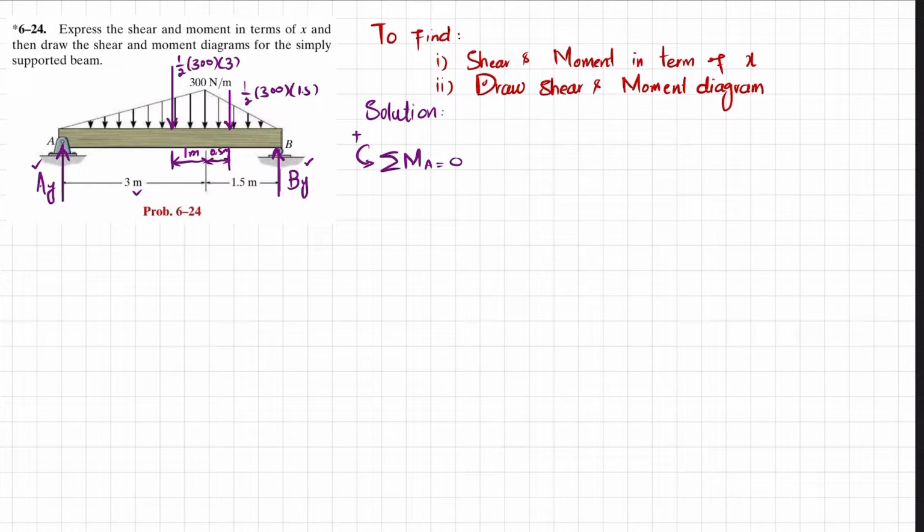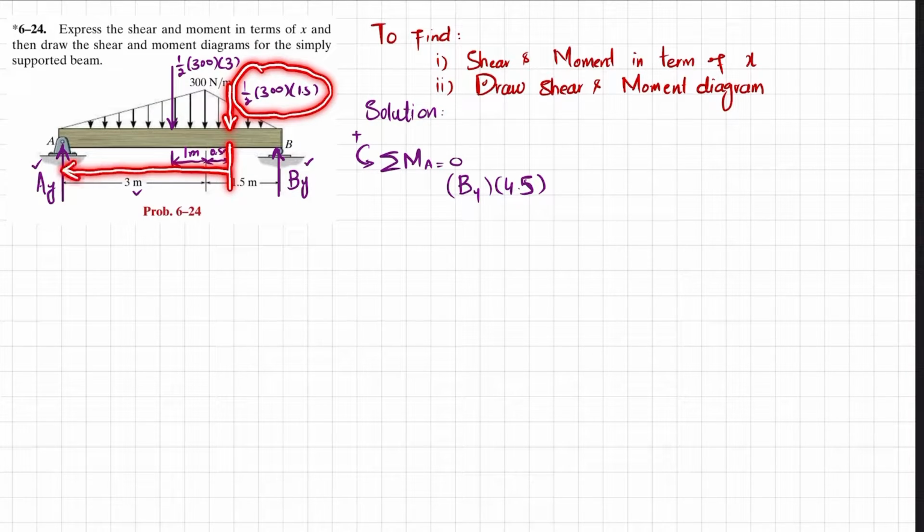So I will write By into 4.5, and it is producing counterclockwise moment, so it will be positive. The second moment is produced by the force 1 over 2 into 300 into 1.5, and the perpendicular distance will be 3 plus 0.5, which is 3.5, and it is producing clockwise moment, so it will be negative.